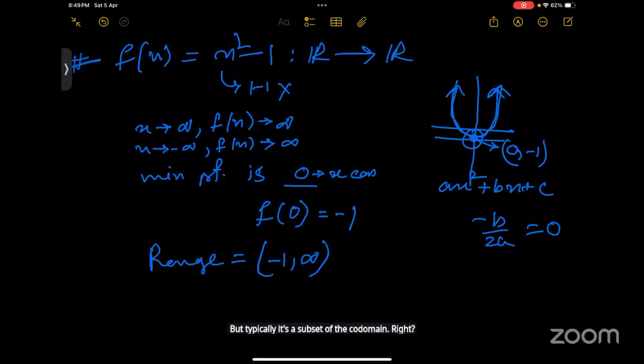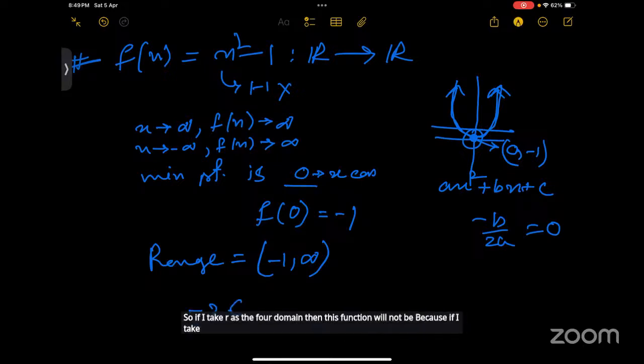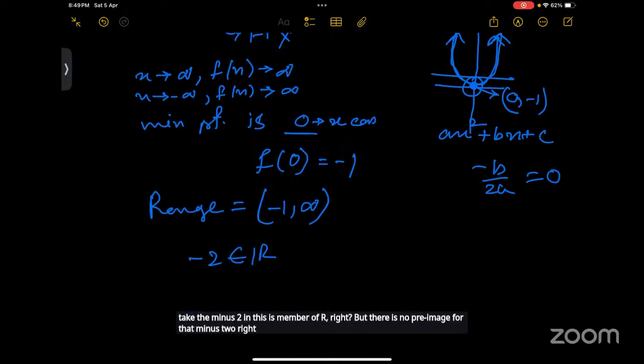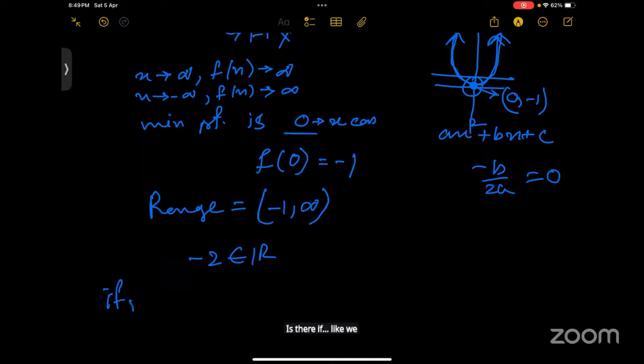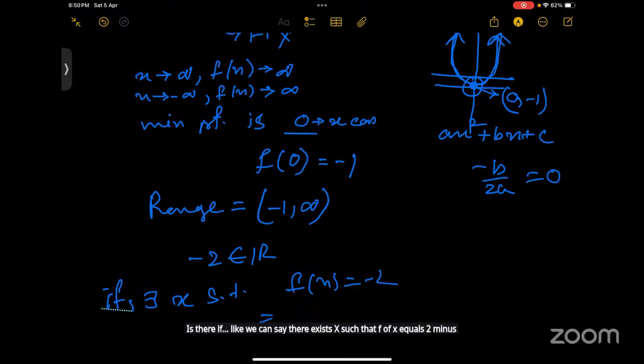Yes. So if I take R as the codomain, then this function will not be onto, because if I take -2, this is a member of R, right? But there is no pre-image for that -2, right? Is there any point for which the functional value can be -2? That means, does there exist x such that f of x equals -2?